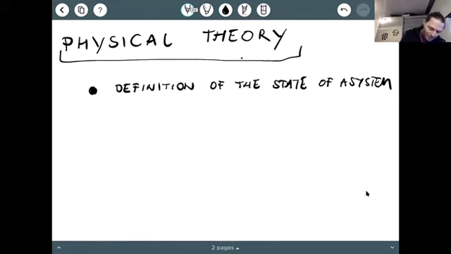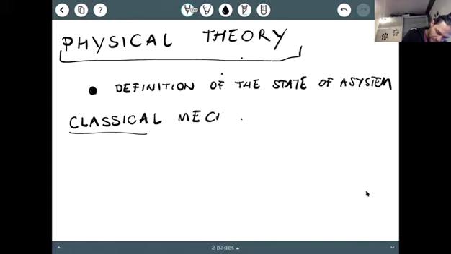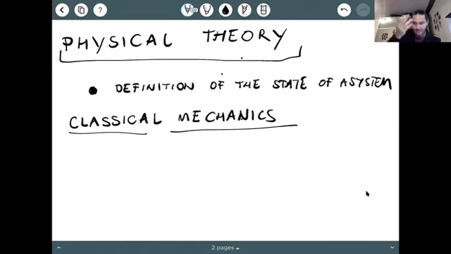Now, in classical mechanics, a state of the system is the collection at some time t, because the system could change state as time goes by, right?